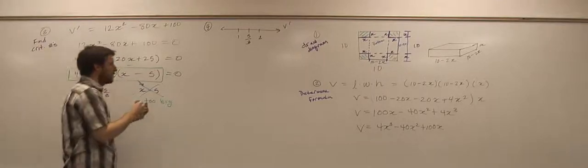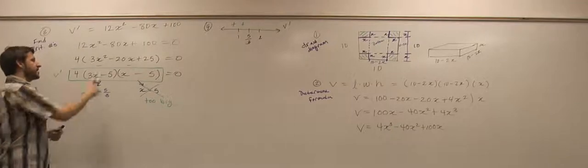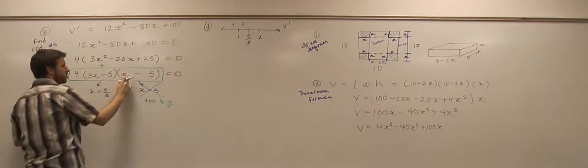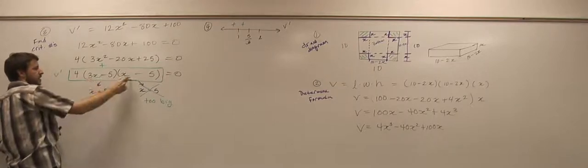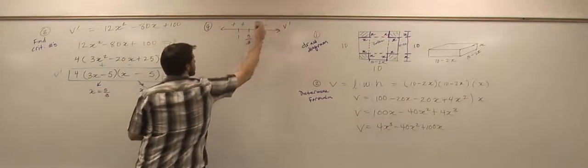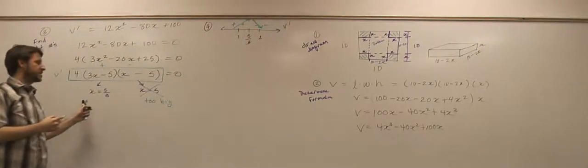Negative times negative, positive. When you plug in 2, 6 minus 5 is positive, because 3 times 2 is 6. And then 2 minus 5 is negative. So we go from positive to negative. This is a max.